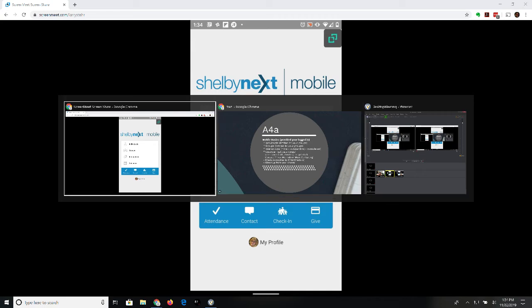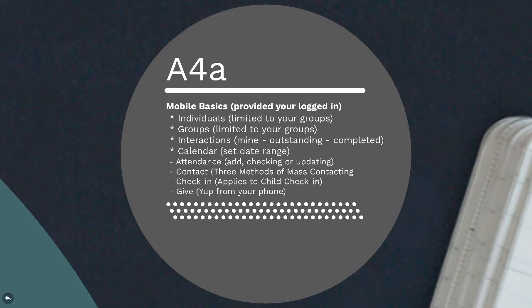Let me go back to my presentation here. And so edit, profile, and sync. So I showed you where the profile was, and sometimes you'll see in the very bottom corner a little circle that spins. Every time you log in, you're going to see that circle spin, and that is Shelby bringing current information to your phone.